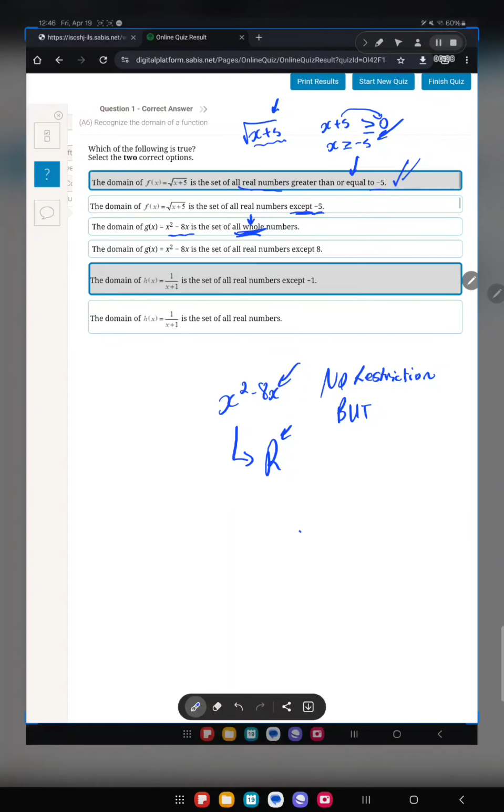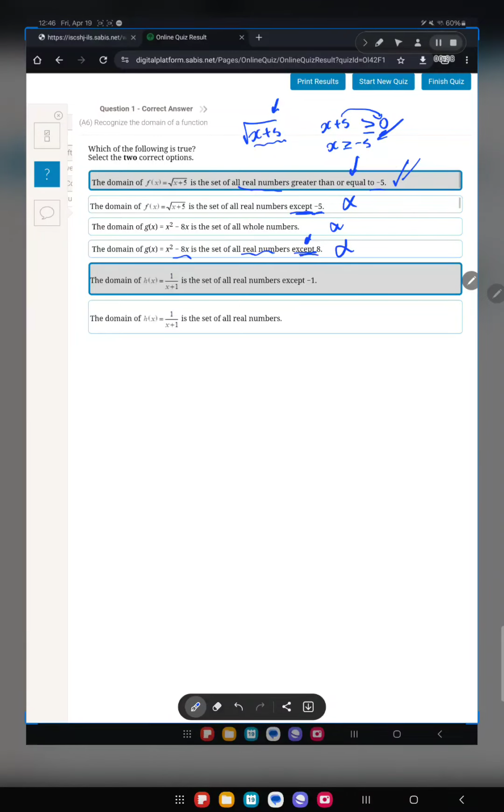Whole numbers means only 1, 2, 3, 4, 5, 6. No, it could be 1.5, 2.5. It could be all real numbers. That's why it's wrong to say whole numbers. The domain of x squared minus 8x is all real numbers except 8? Obviously no, because it has no restriction. There's no except. It's only all real numbers.